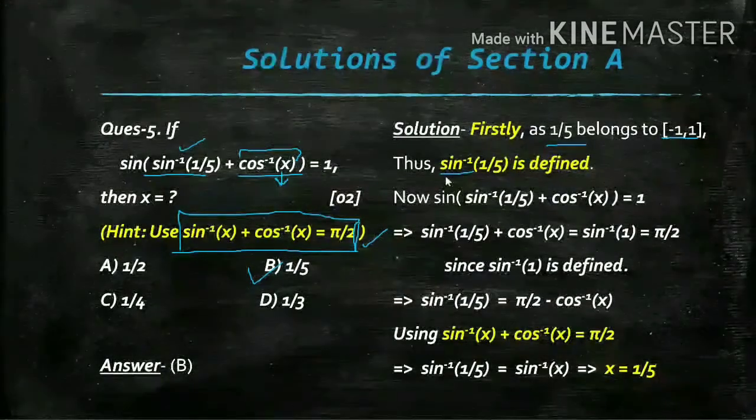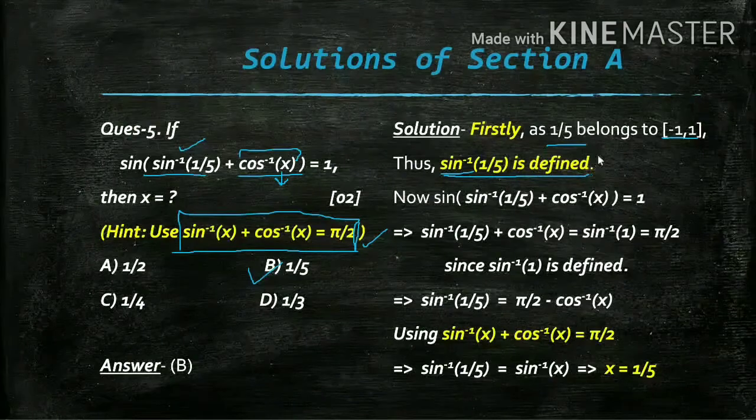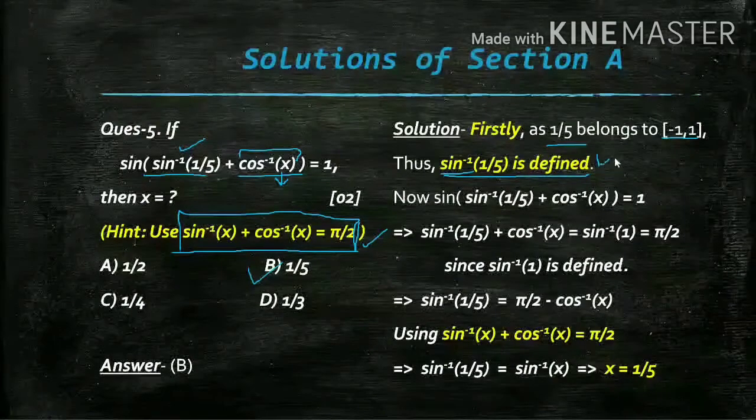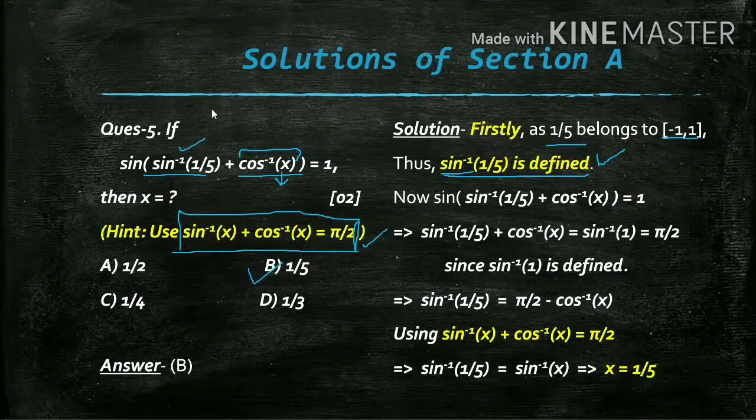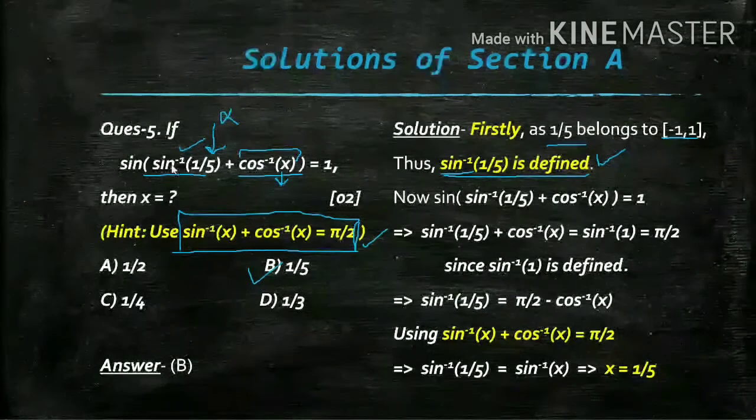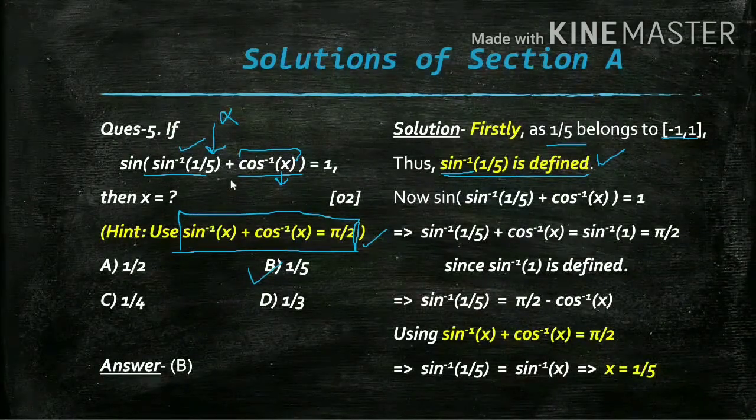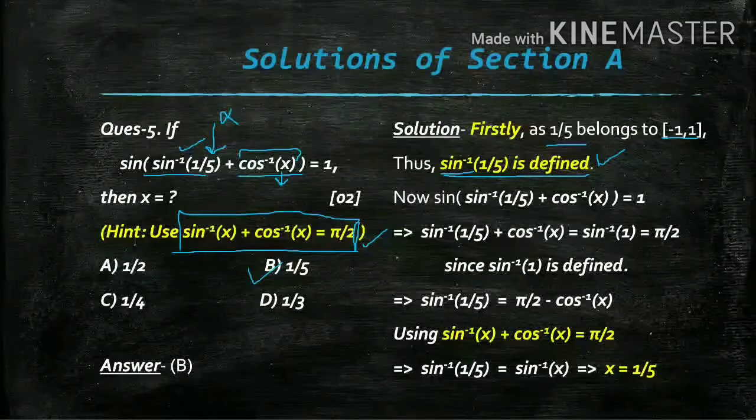So basically sine inverse 1 by 5 is defined. The first step is complete. Now you can see that we do not know the angle alpha at which sine has the value 1 by 5. So what to do then? We'll do something else.